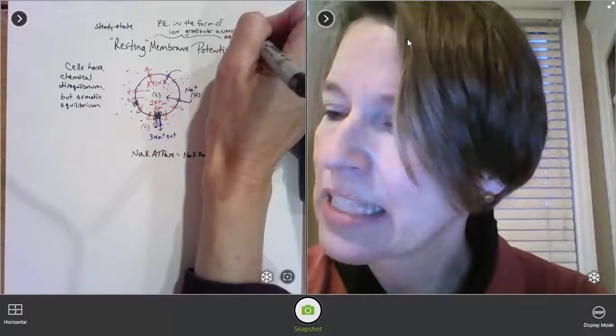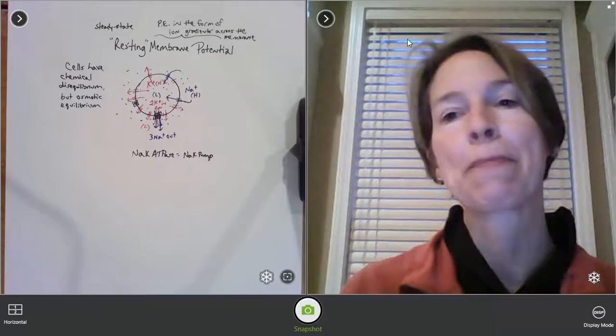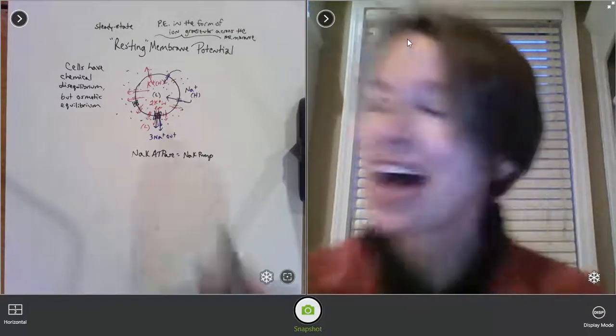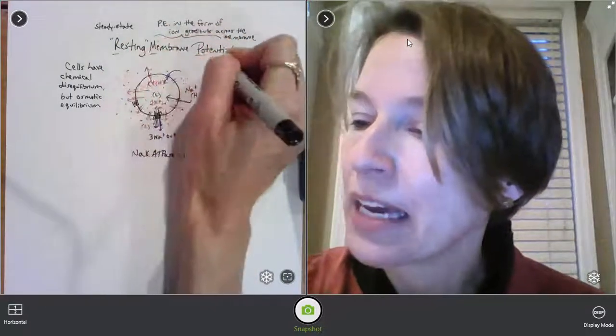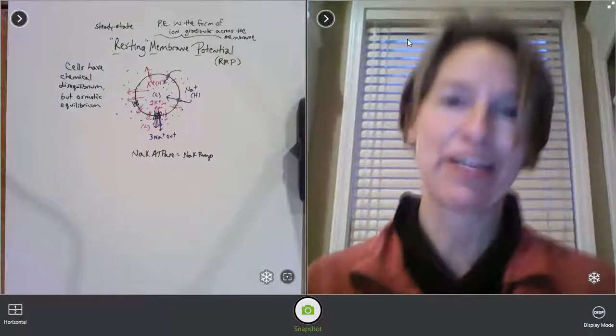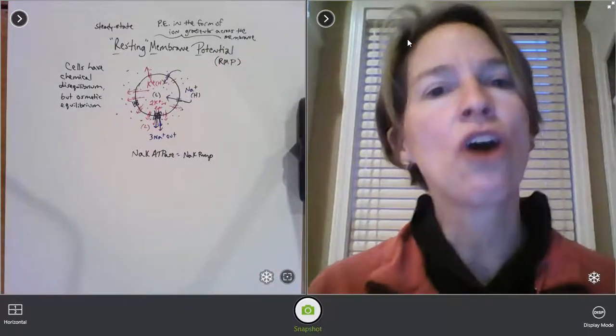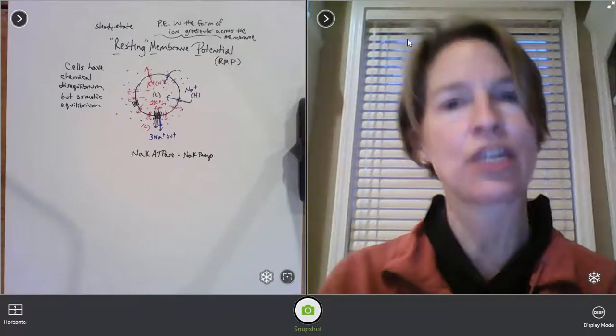And all cells have a resting membrane potential, which I affectionately call, and you'll see this, RMP, for resting membrane potential. That's my own abbreviation. And all cells have a resting membrane potential, which is potential energy in the form of ion gradients across the membrane.